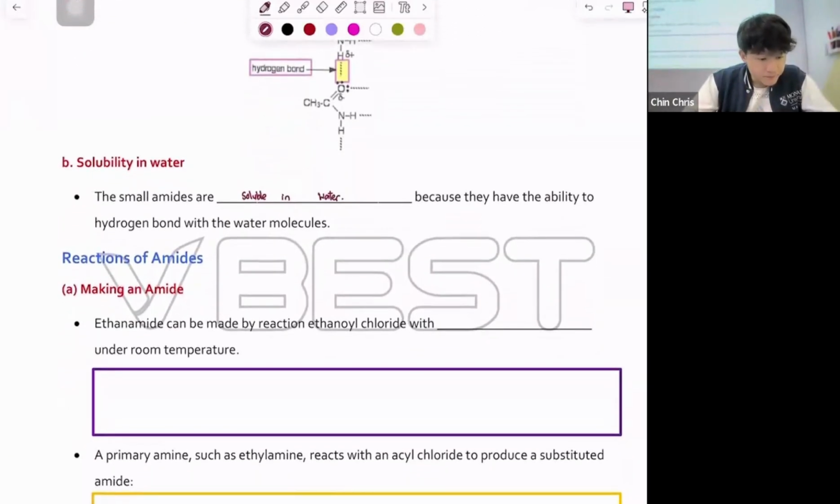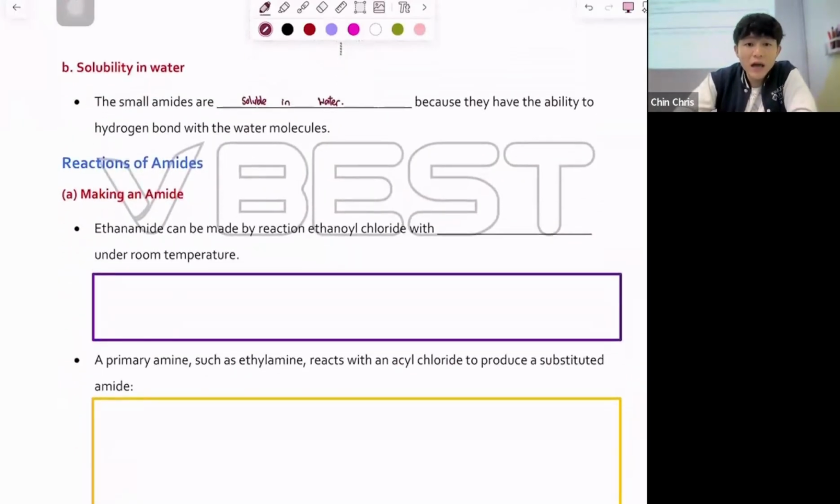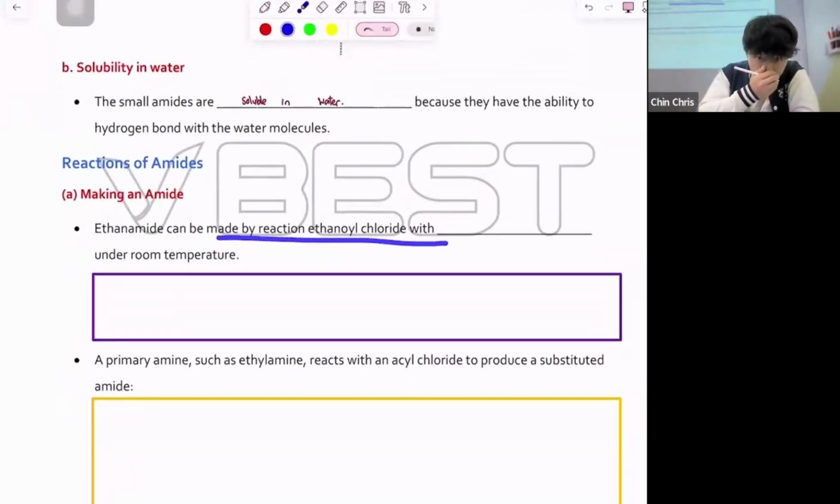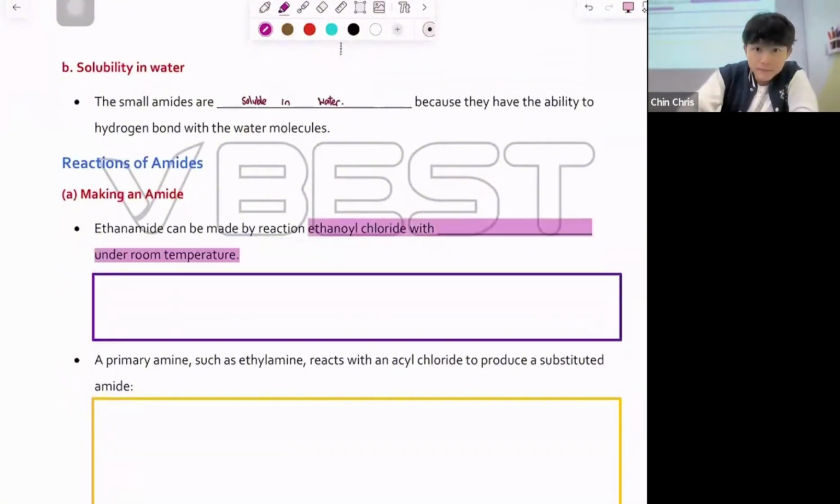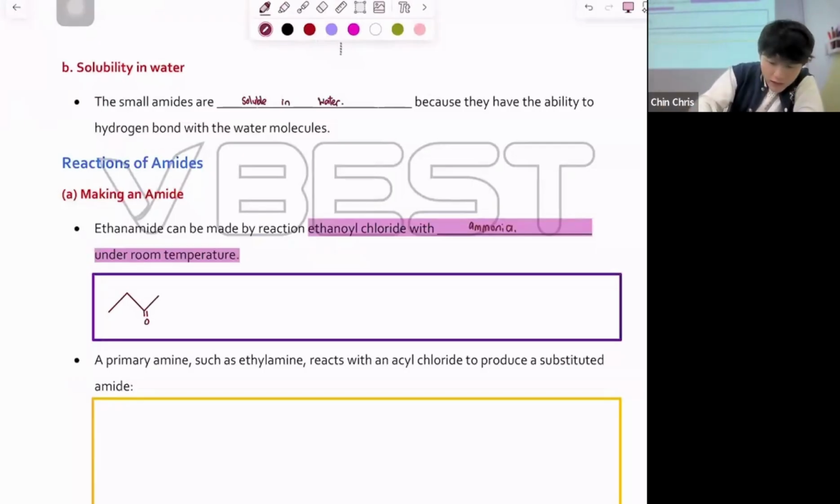All right, guys, next. Okay, reaction of amide. So guys, for amide, ethanamide can be made by reaction of ethanoyl chloride with ammonia under room temperature. All right, guys, let's say I have this ethanoyl, propanoyl, no, you want ethanoyl, right?